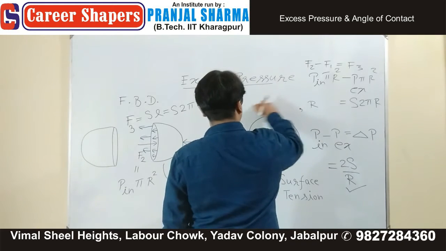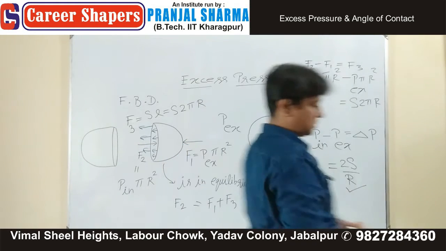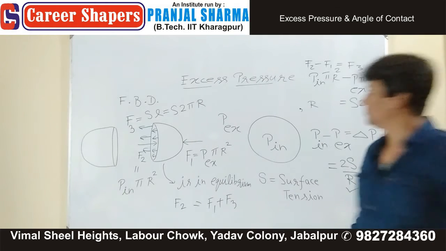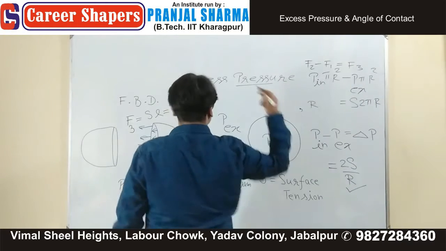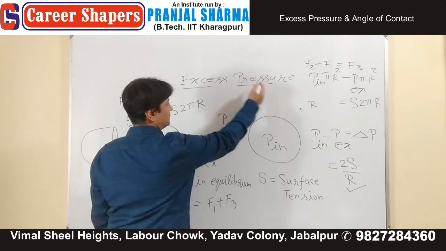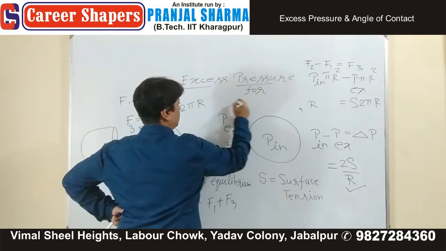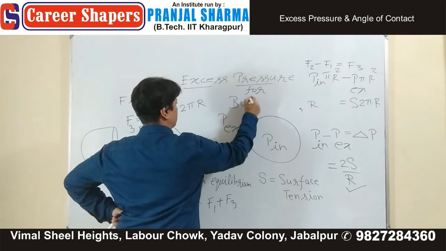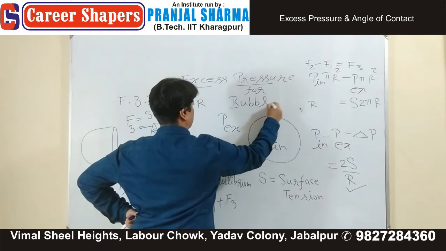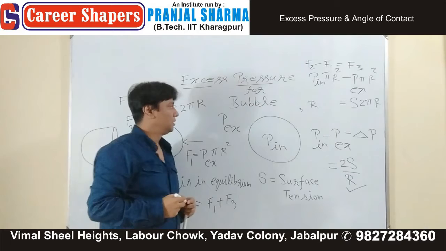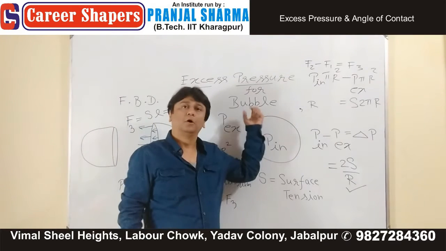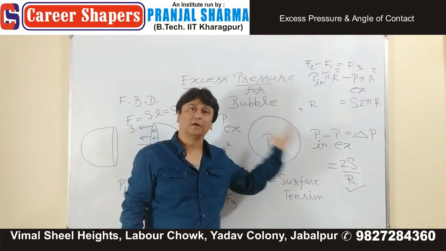What do you think will be the change? It's a very easy thing. In just 10 seconds you can guess that. Excess pressure for a bubble. To be precise, a hollow sphere.